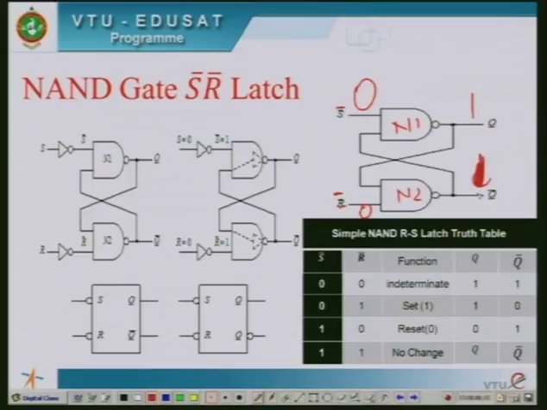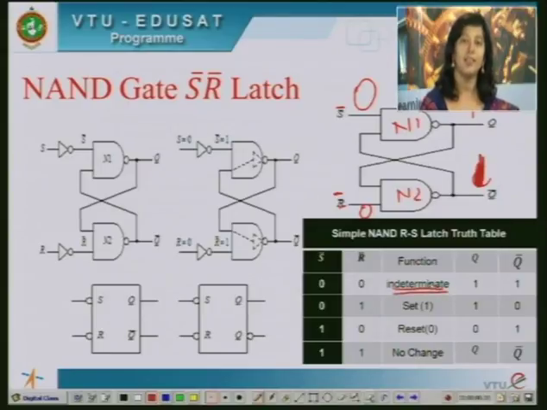We needed complemented outputs, but in this case, when both inputs are 0 for the bistable element built with NAND gates, the outputs both become high. Hence, we call this an indeterminate state or a forbidden state.